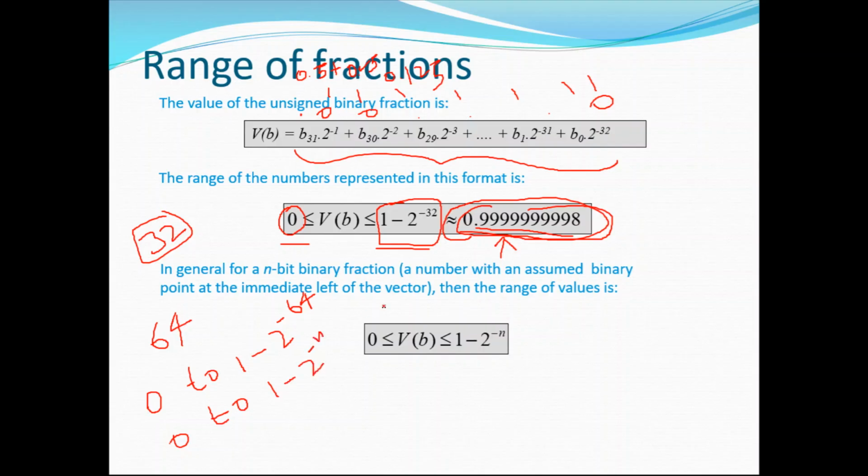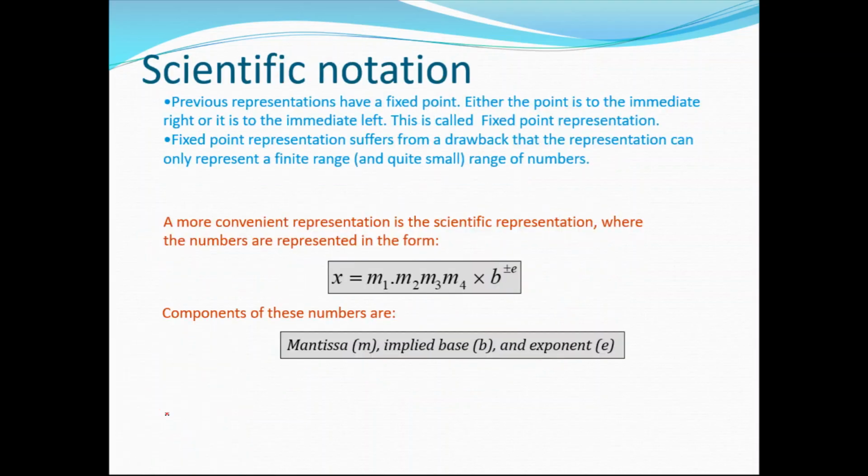So this is the generalized one, and this is a specific example for 32 bits. So if there are n bits with an implicit binary point at the left end, then this is the range of numbers that can be represented, something between 0 to 1 minus 2 to the power minus n. Right? Fine.